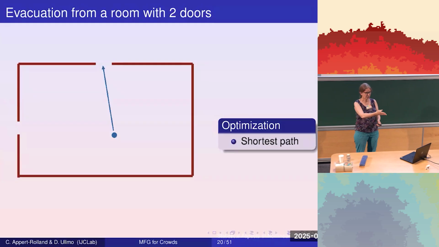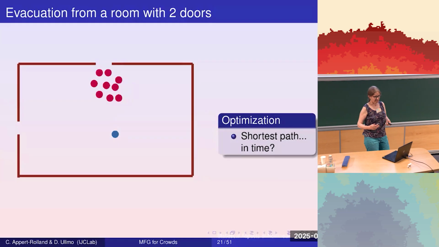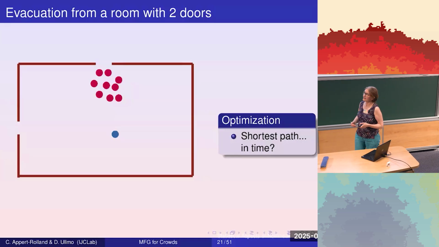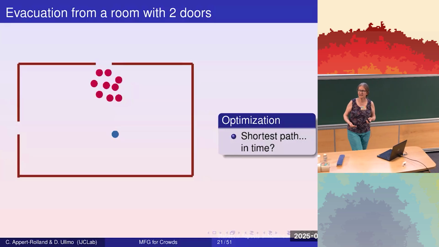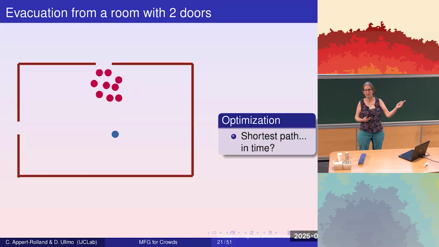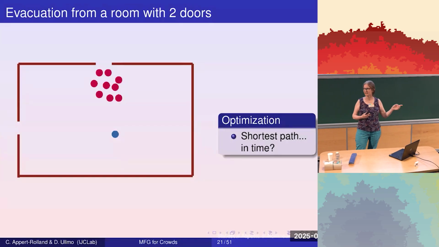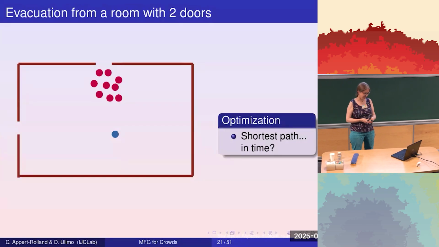So you have Hughes' model, and there are many versions based on this. Now, it may happen that there is a jam in front of the exit which is the nearest. So here you would think, okay, maybe he would take the other exit. So maybe you have to consider that the other path is shorter, not in distance, but in time.